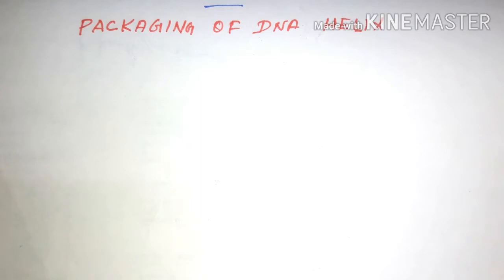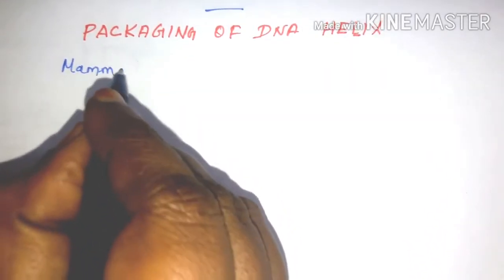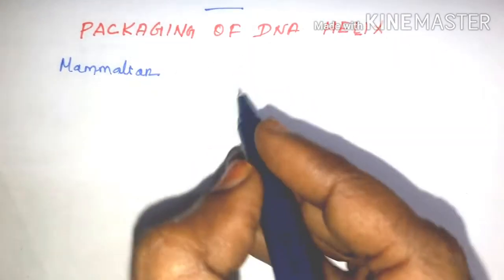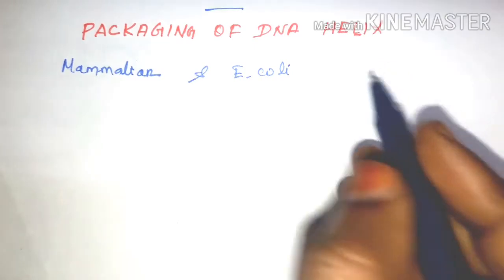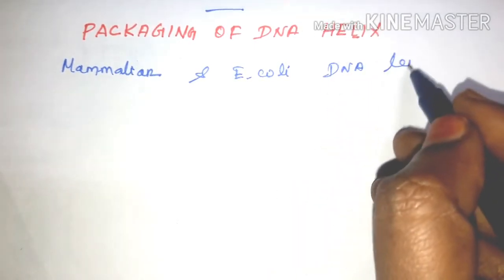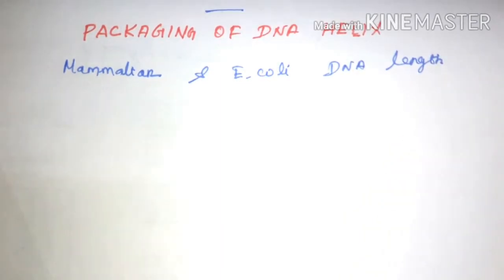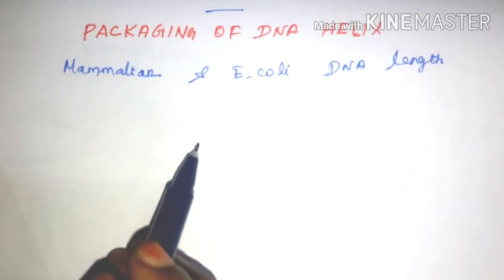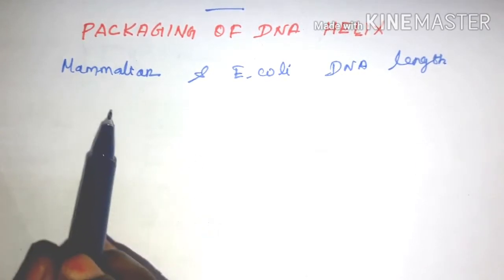They are comparing mammalian and E. coli DNA length. It has some mathematical formula and also some physics nature.